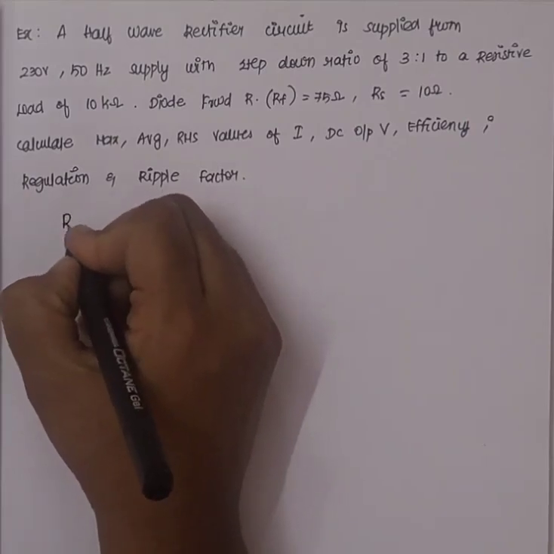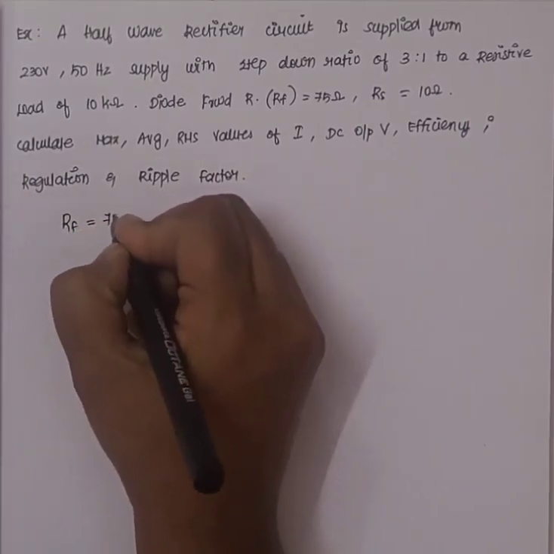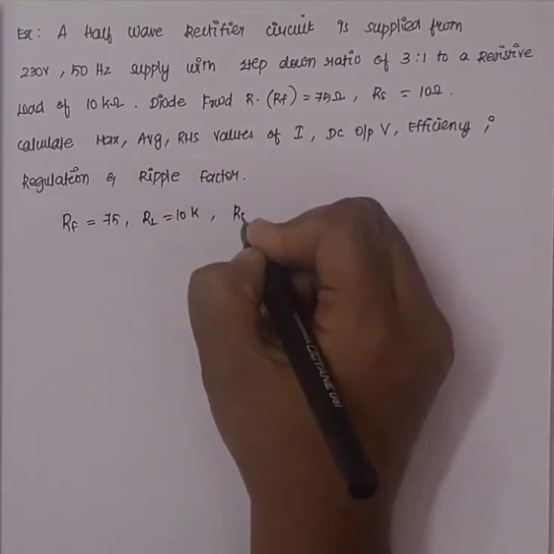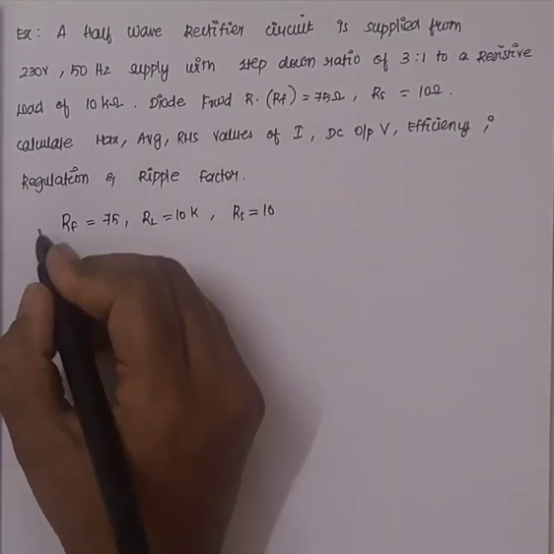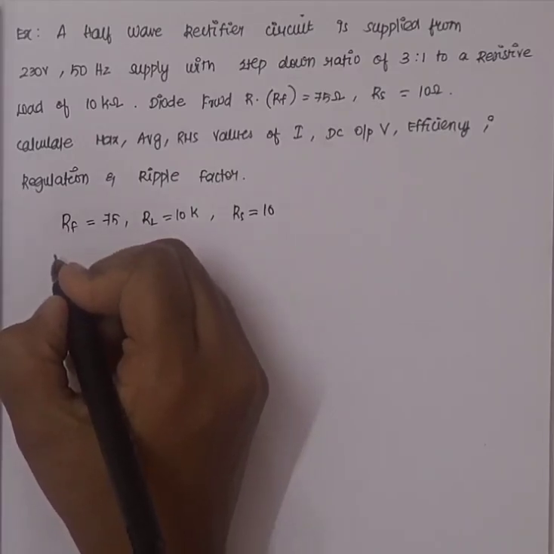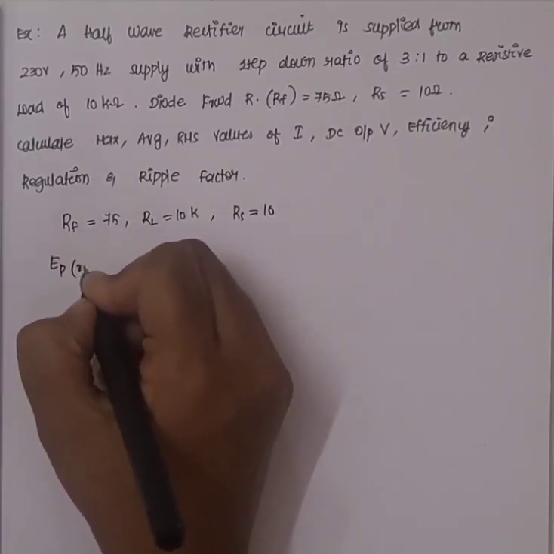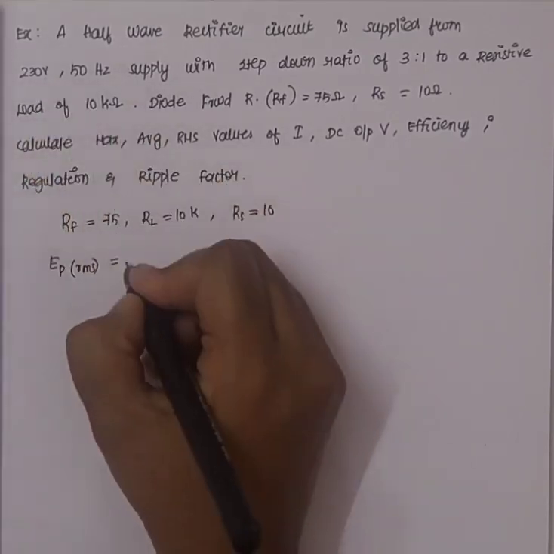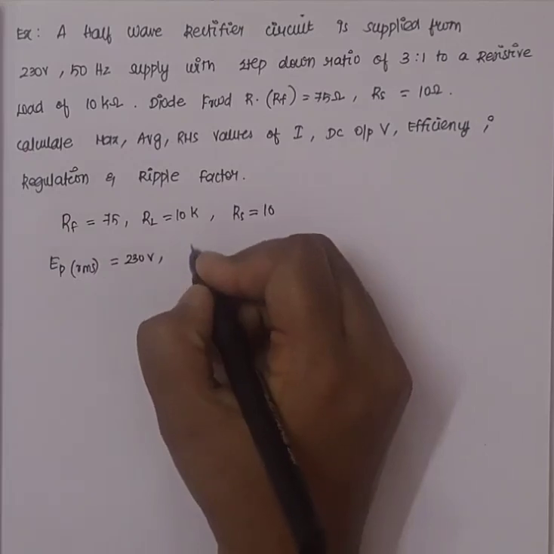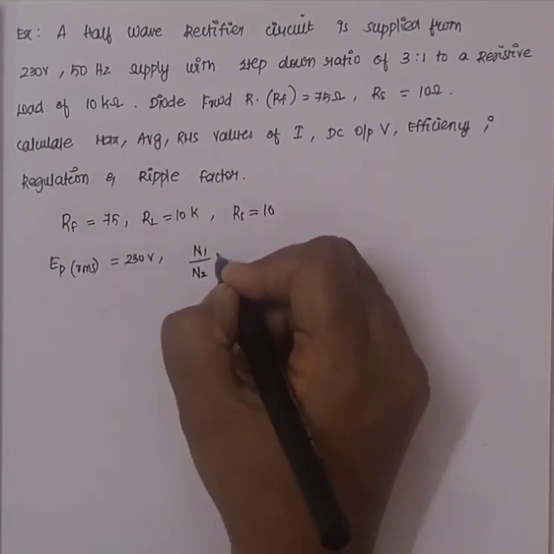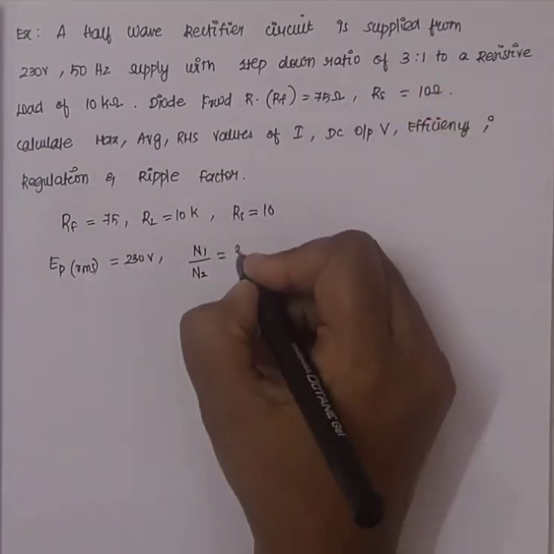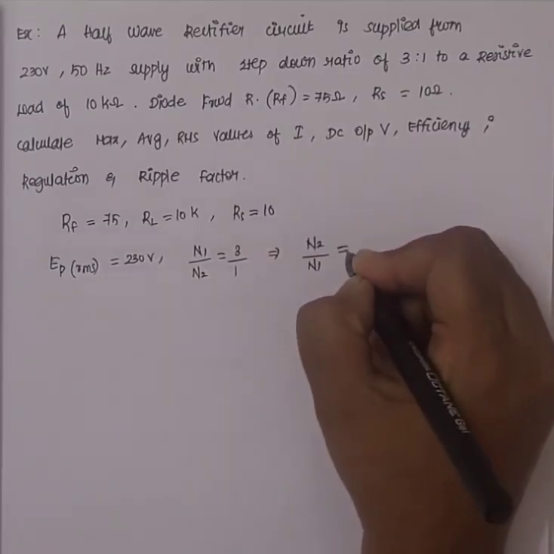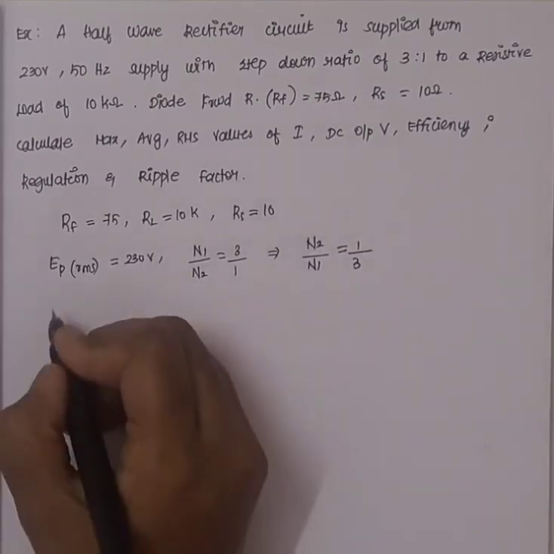The first data given are RF is equal to 75 ohms, RL is equal to 10K, RS is equal to 10 ohms. To calculate the values, first we need EP, that is the primary voltage, RMS value, which is given as 230 volt. Next, the turns ratio N1 by N2 is given as 3:1. We need the value of N2 divided by N1, so we will get it as 1 by 3.